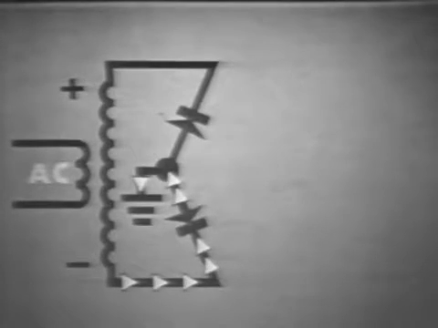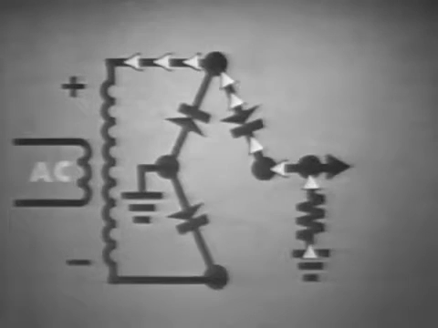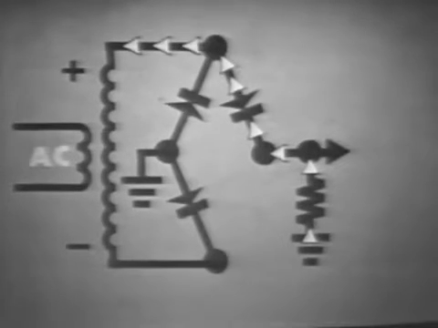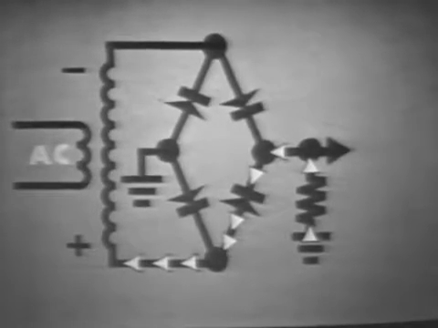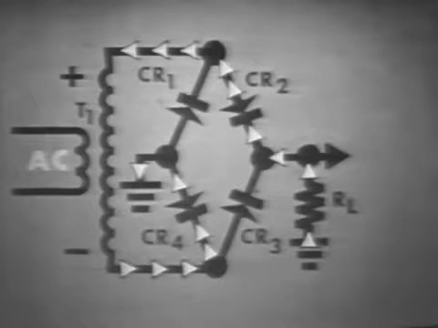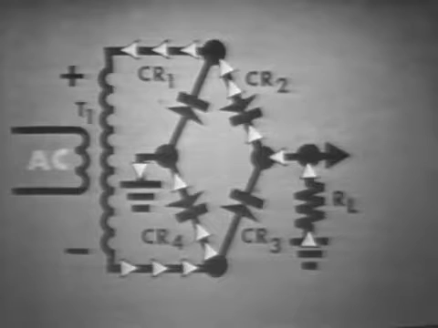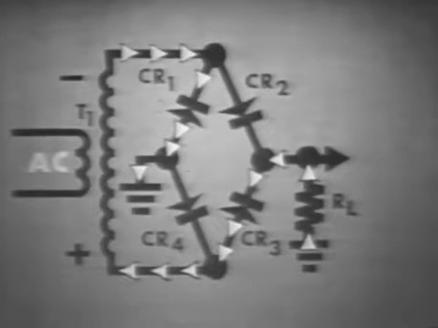Yes, CR1 and 4 switch the ground connection, and CR2 and 3 switch the load connection. They all work together to cause current to always flow the same direction through the load. This provides an output that is all positive. Very good. You're a good student.